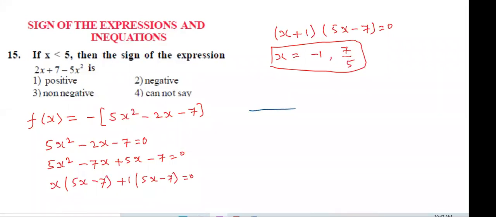Now, draw the number line. This is minus 1. This is 0. 7 by 5 means this, less than 3. This is 5.